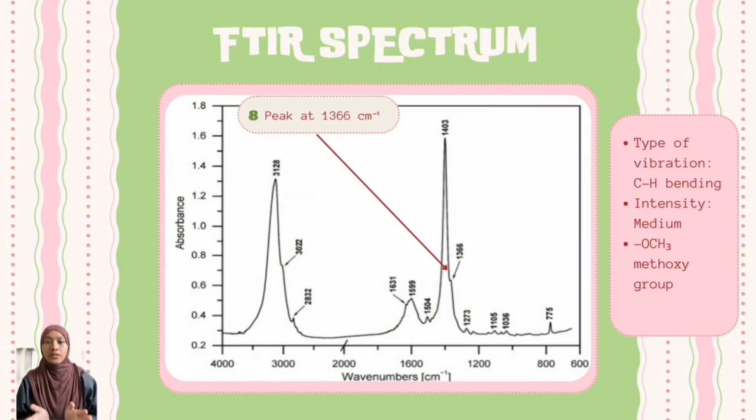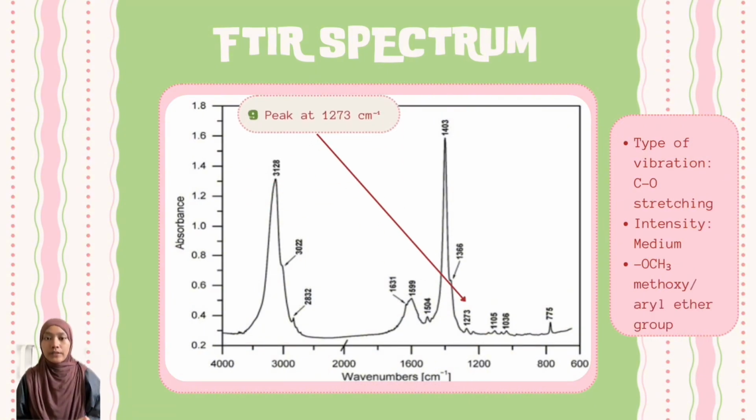The 1366 per centimeter peak corresponds to methyl CH bending. The medium intensity reflects a moderate dipole moment change during a bending vibration. The 1273 per centimeter peak is assigned to C-O stretching in the methoxy or aryl ether groups. Since the C-O bond is more polar than a CH bond, it absorbs infrared radiation more effectively, producing a medium intensity peak.